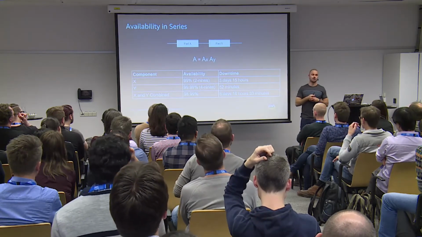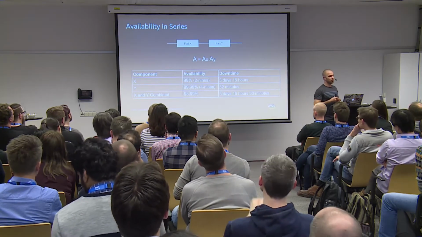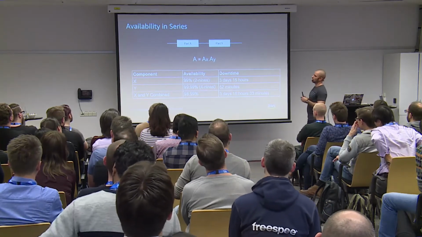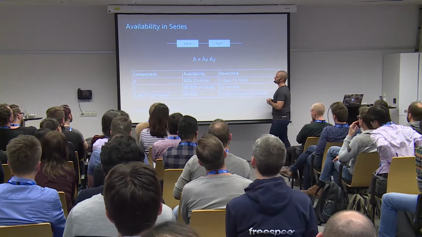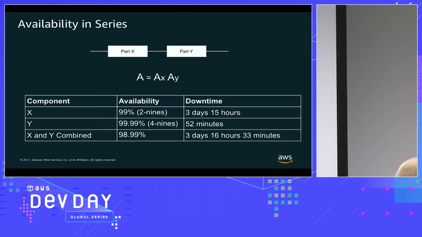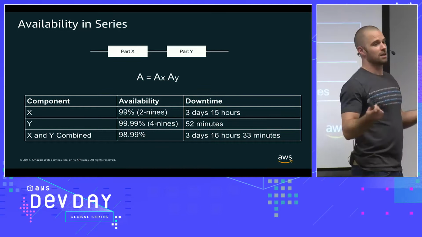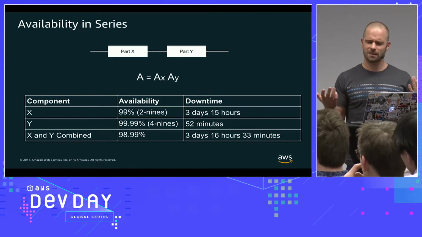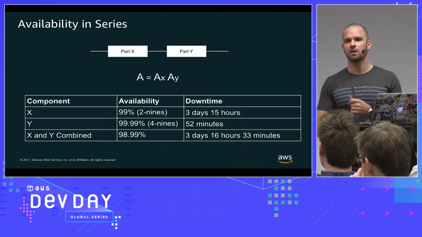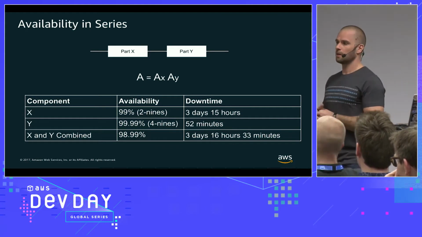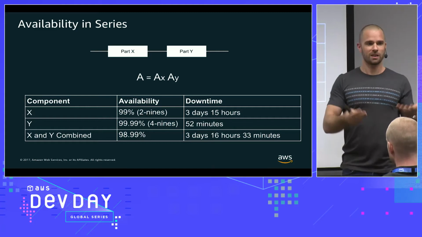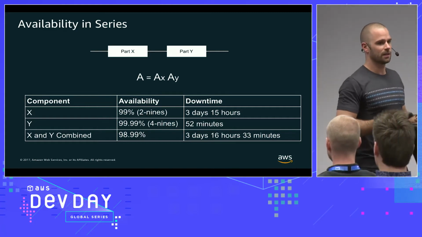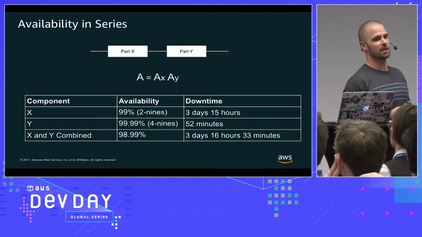If your component X is 99% available, and Y is 99.99, then the overall availability of the system is actually lower than the component X. This is something that doesn't necessarily come intuitively, right? We always say a chain is as strong as the weakest link. There, the chain is actually weaker than the weakest link. This is something that is important to understand.